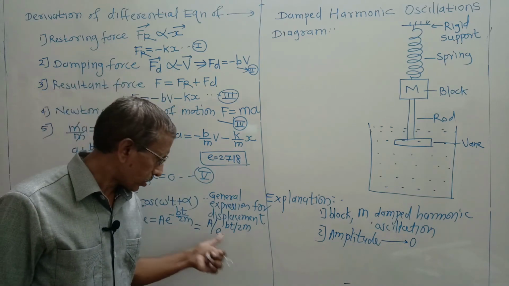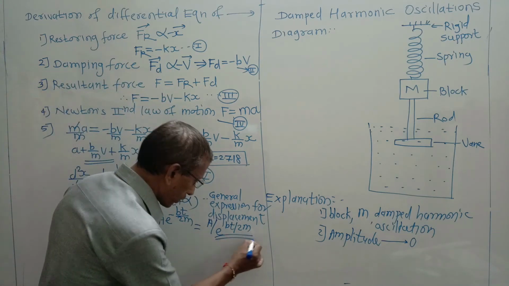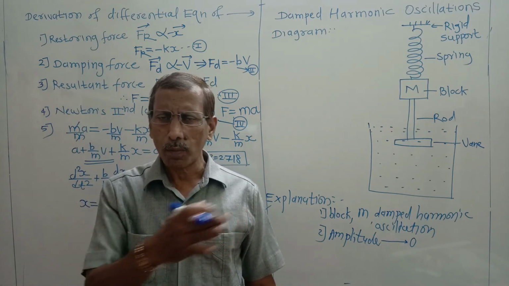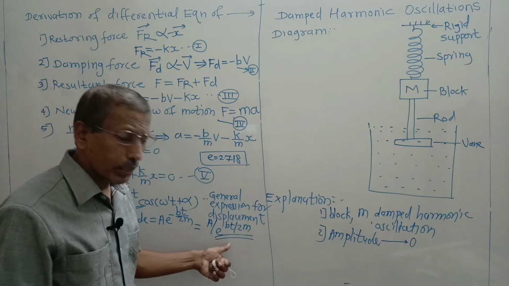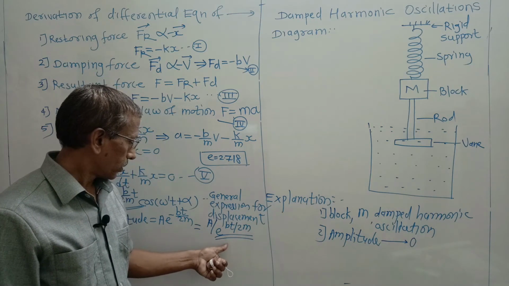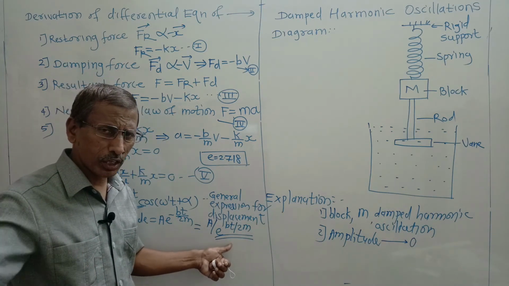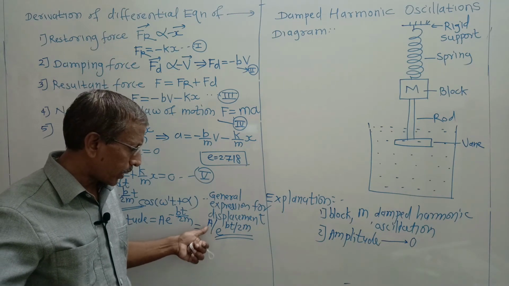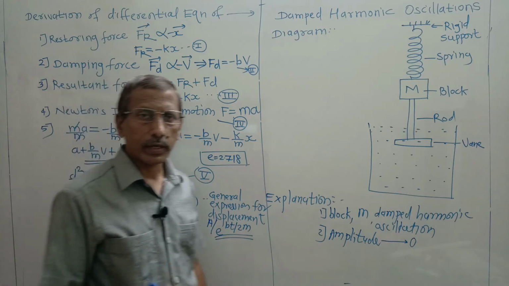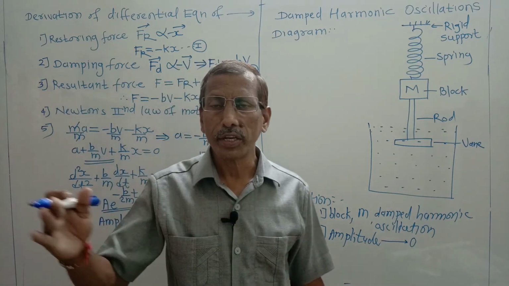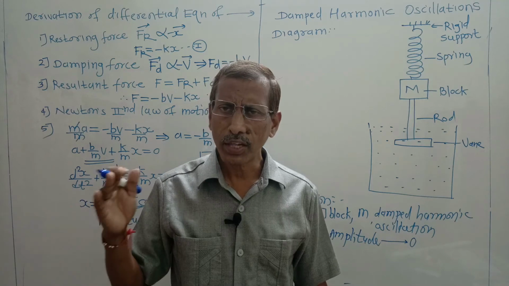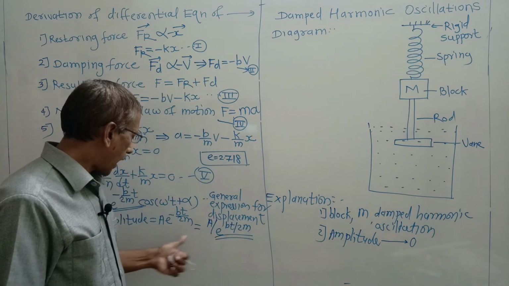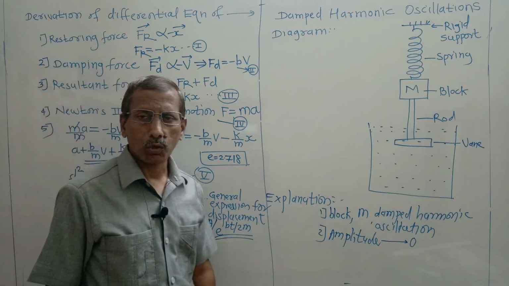So the denominator is increasing step by step, and a is a constant, so a divided by an increasing term means the amplitude goes on decreasing.